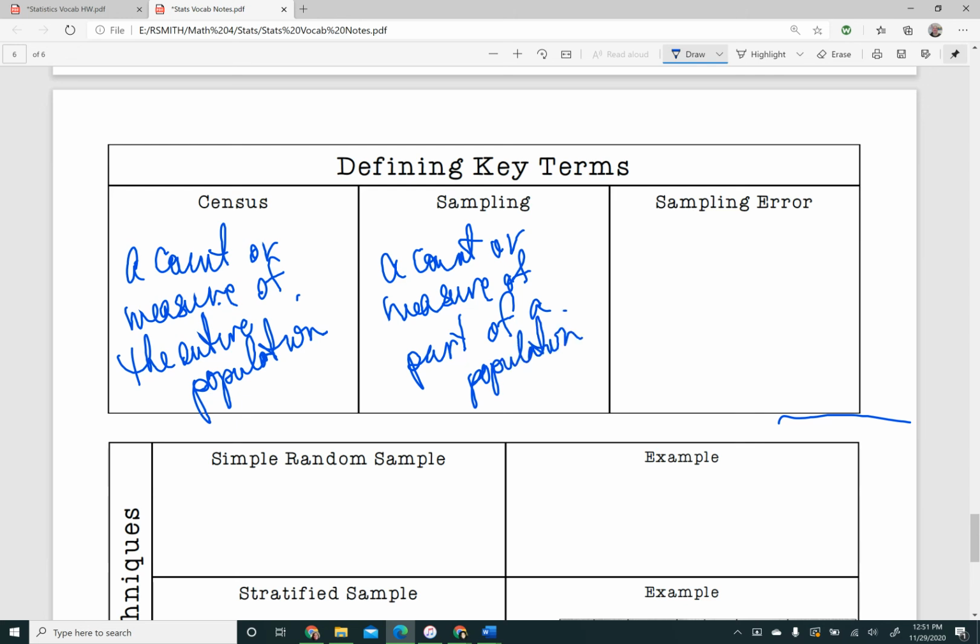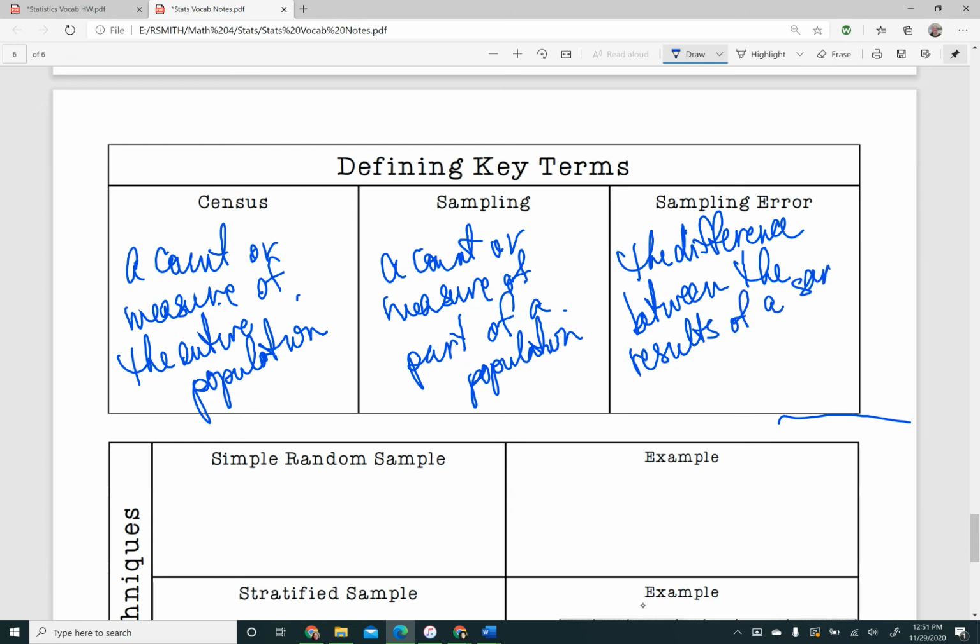The sampling error is the difference between the results of a sample and those of a population. There's a formula for that, but we're not getting into that.